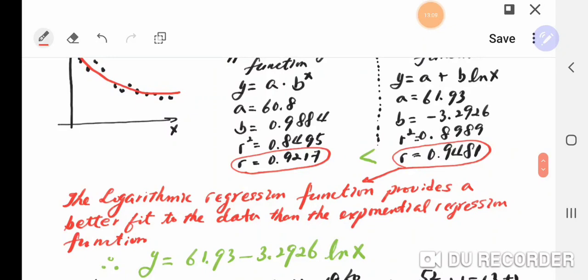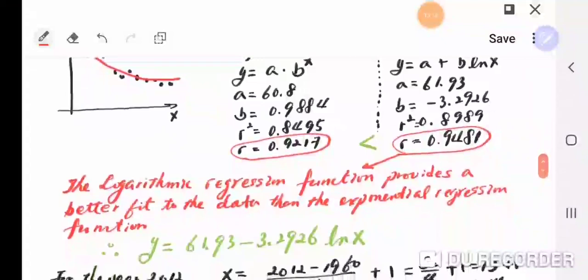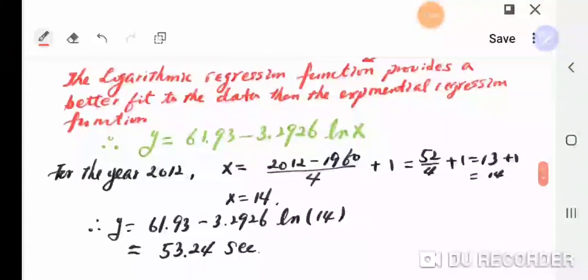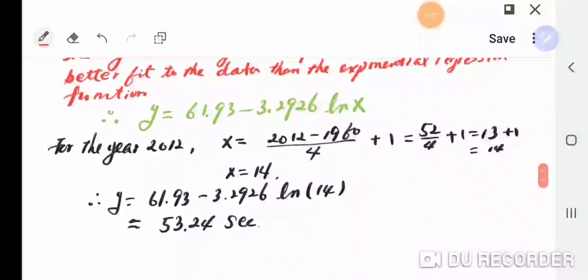So using the provided values a and b, we can write a logarithmic function y equals 61.93 minus 3.2926 times the logarithm of x. In this case, we want to predict the time in the year 2012. So we have to convert the year 2012 to the x value.